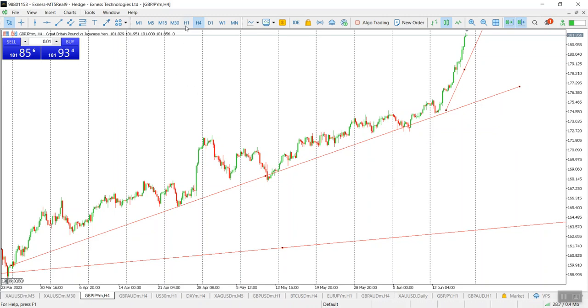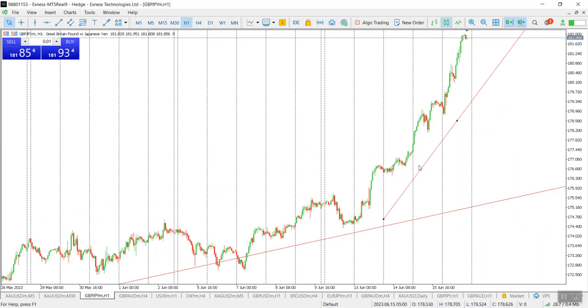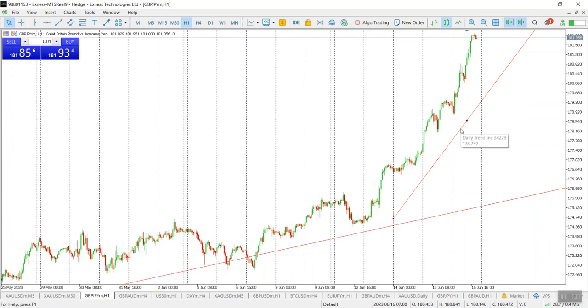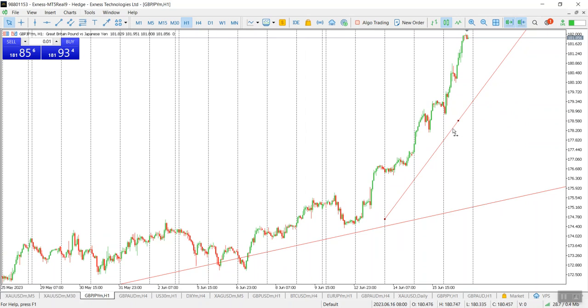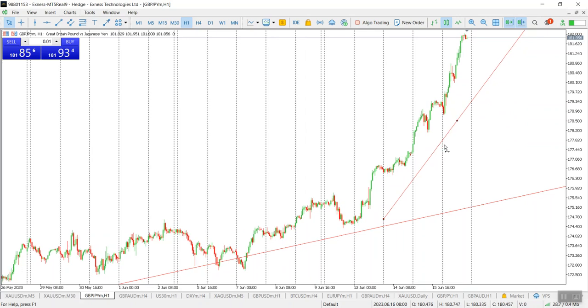If we go down to the 1 hour time frame, that is where we actually get this very particular trend, right? If you put the trend line there, and if you put another trend line here, you see that it's becoming steeper and steeper and going up.